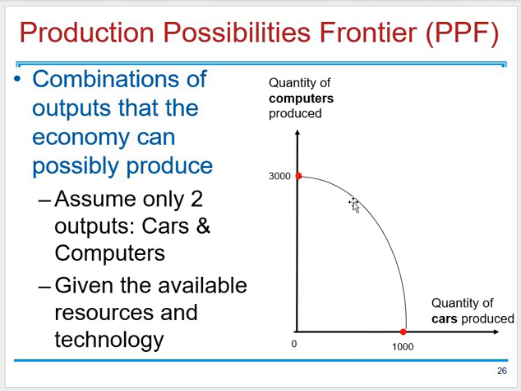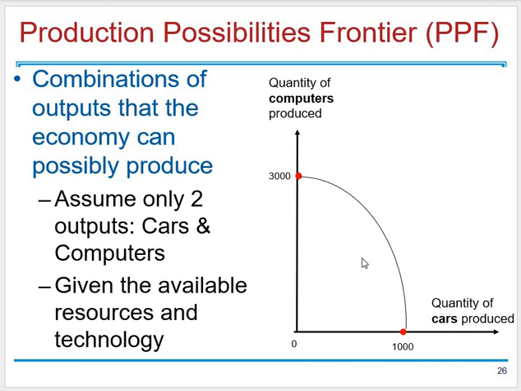So this curve goes downward sloping until you reach the point where you're producing more and more cars when you go this direction, right? And fewer computers when you move down this PPF here. So basically the PPF connects, right, the 2 extreme cases and gives you all the possible combinations, and is downward sloping to reflect the trade-off, right?